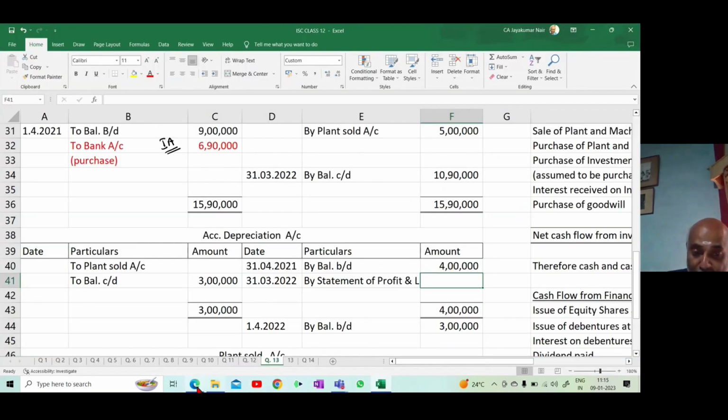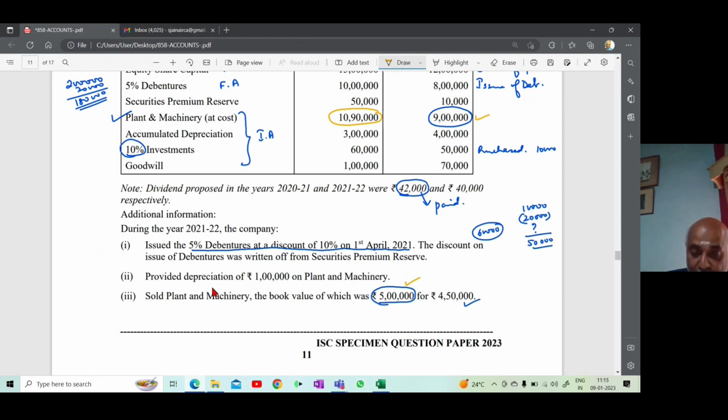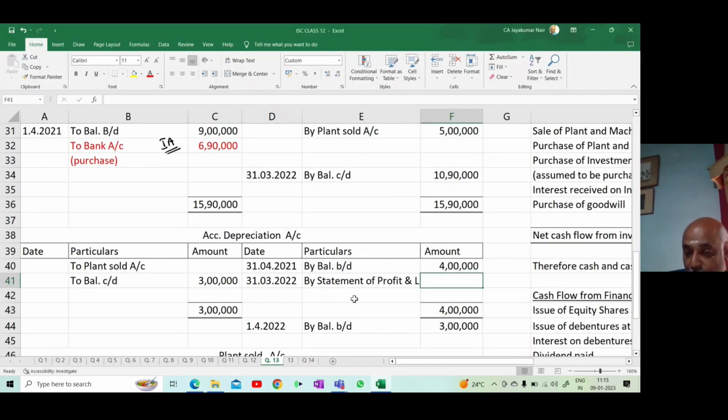Now, in the question, it is very clearly said depreciation provided for the year is 1 lakh. So 1 lakh worth of depreciation you have charged in this particular year. So your depreciation provision account will go up by 1 lakh. So you say by statement of profit and loss, this is depreciation for the year, 1 lakh rupees.